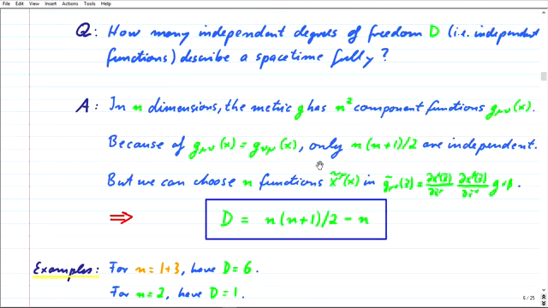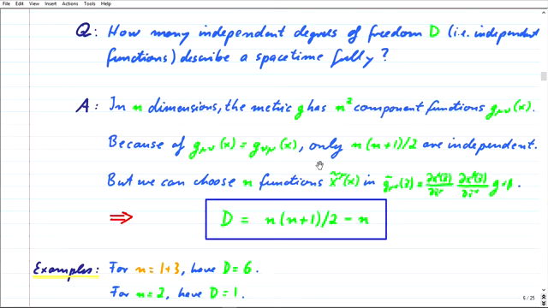Okay, so let's start. In n dimensions, in an n-dimensional space-time, the metric has n squared component functions because it's an n by n matrix. But of course I cannot choose those n squared functions independently because the metric always has to be symmetric. Now that cuts down the number of independent component functions to n times n plus 1 over 2, right?